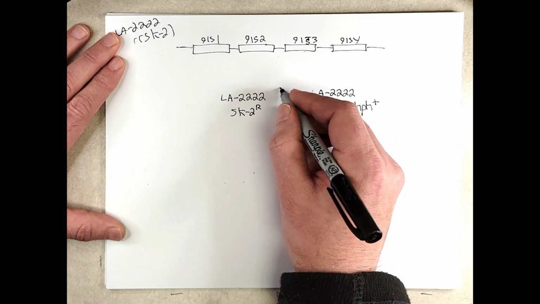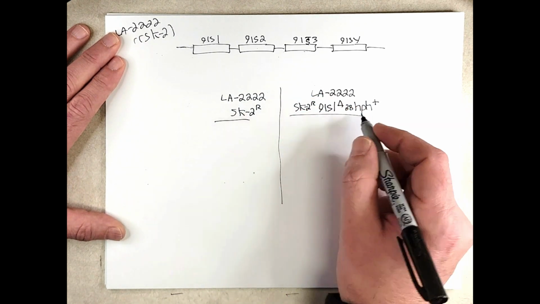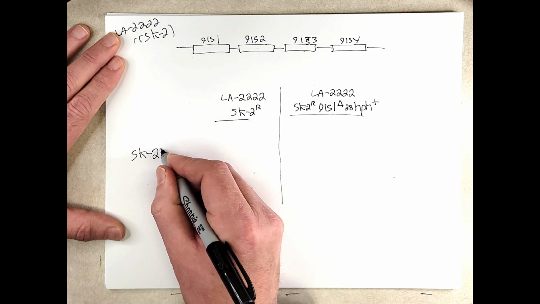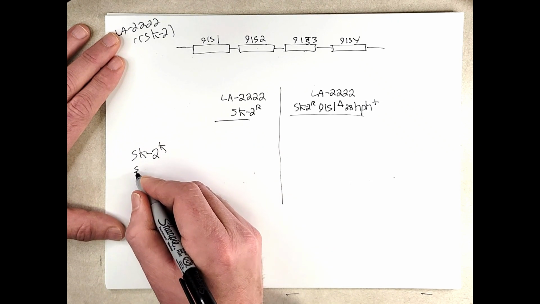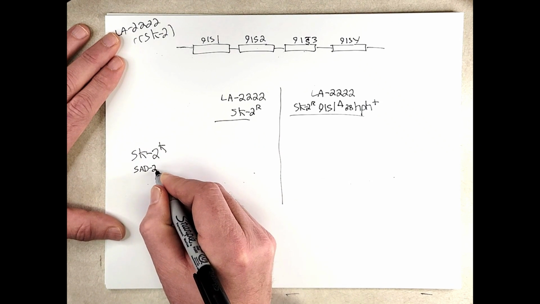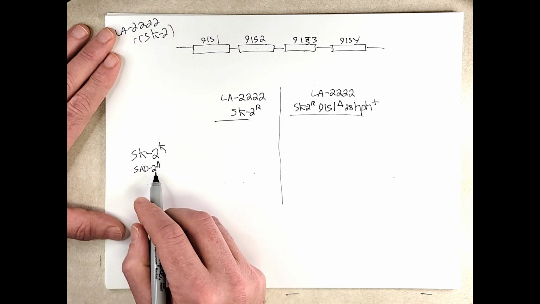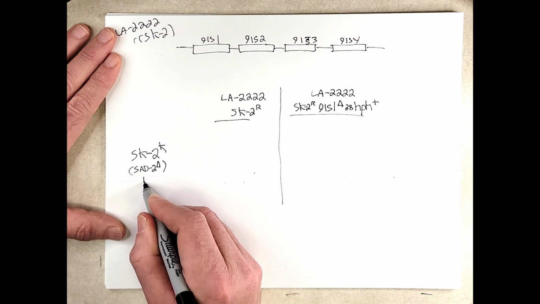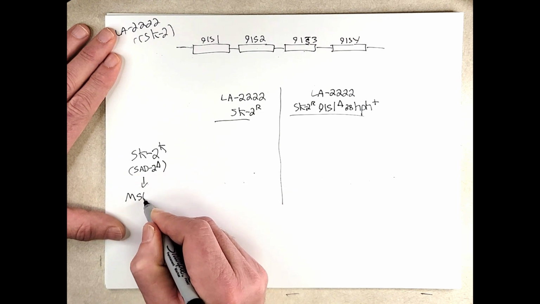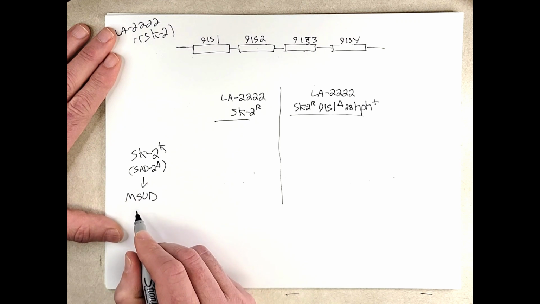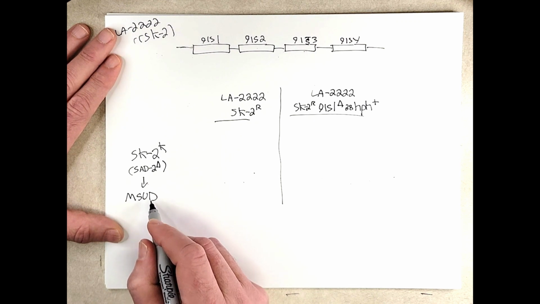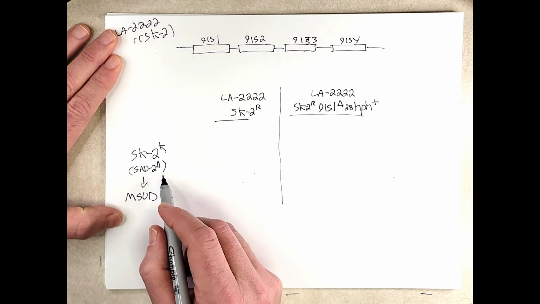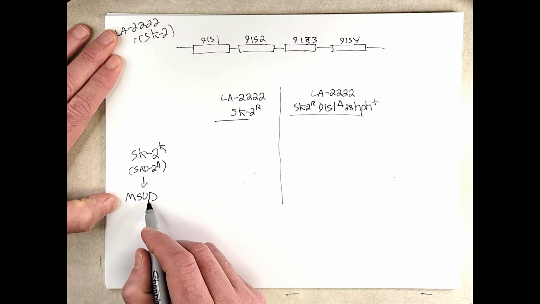Okay, so when this strain right here, the control strain, is crossed to an SK2K strain that also is deleted of SAD2, now this is a gene in Neurospora crassa that controls MSUD. MSUD stands for meiotic silencing by unpaired DNA. And it's a somewhat complicated phenomenon, and I might put together a video that can help explain this.